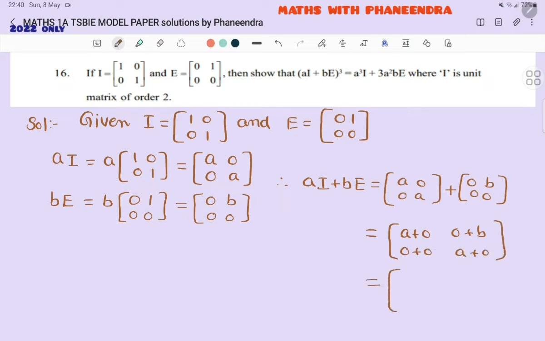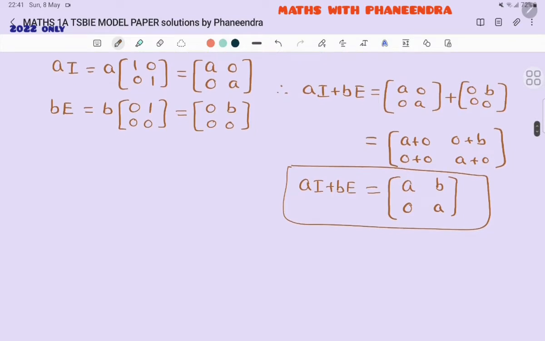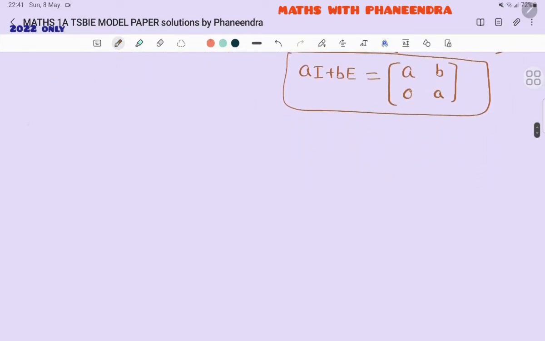Which is equal to A, B, 0, A. This is about AI plus BE. But they are asking (AI plus BE) whole cube, so (AI plus BE) whole square you need to calculate, which is equal to (AI plus BE) into (AI plus BE).